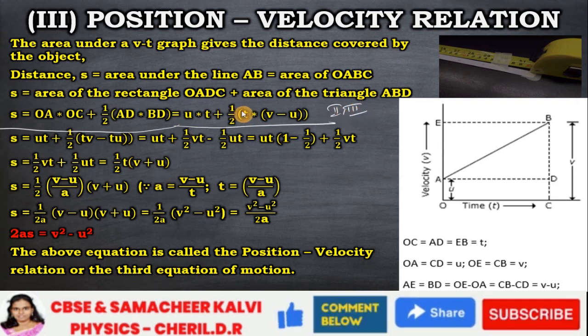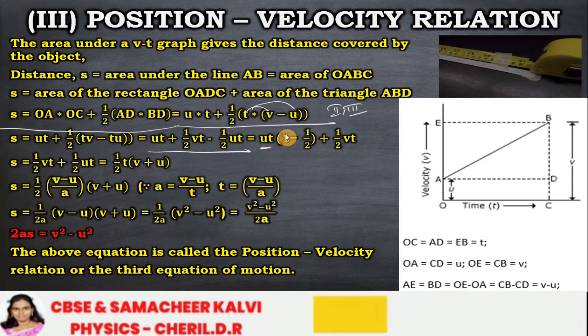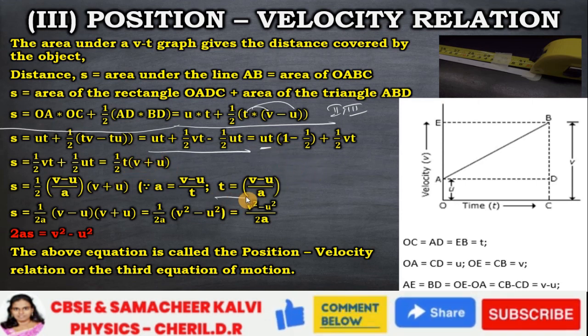So after this, what are we doing? We multiply t inside, then we bring all the vt and ut terms individually and combine them. So we get half vt plus half ut, so half t into v plus u. For t you have t is equal to v minus u by a, from v is equal to u plus at.